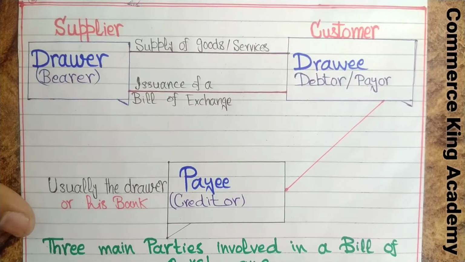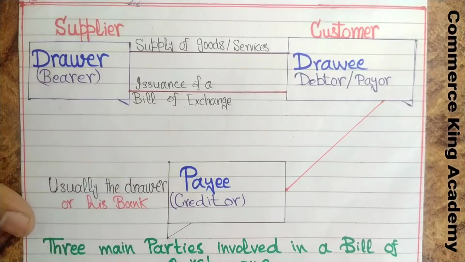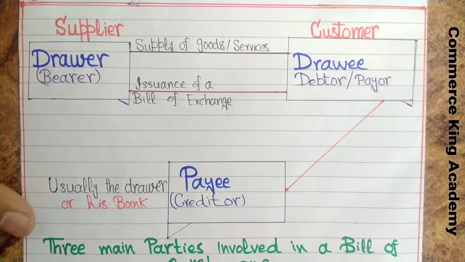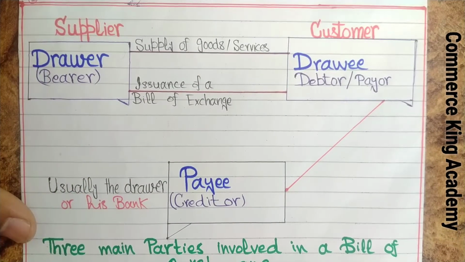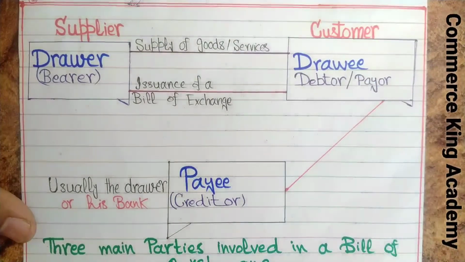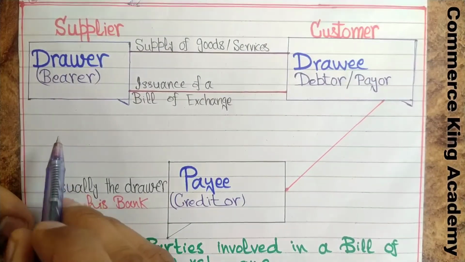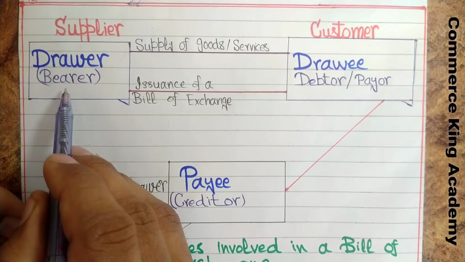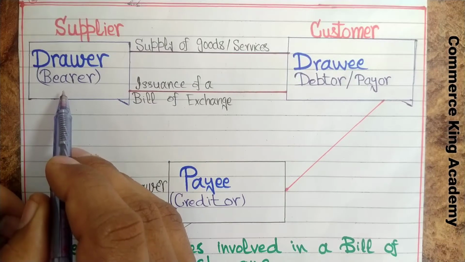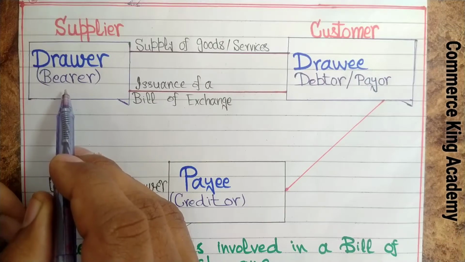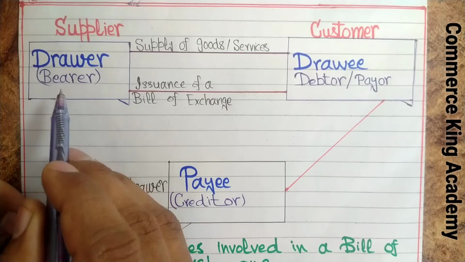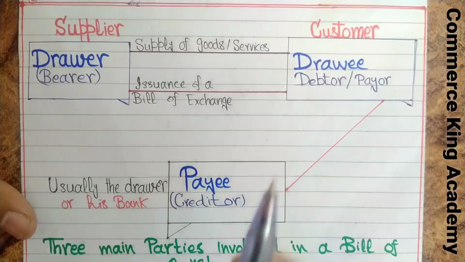It may be received by himself or by the bank, because the drawer takes a loan on behalf of this bill which was payable by the drawee. The drawer generally issues the bill as part of a domestic or international commercial transaction to receive payment for value delivered to the drawee.